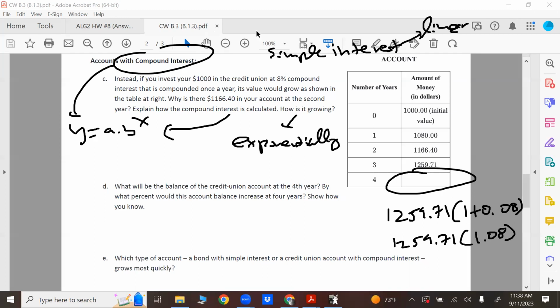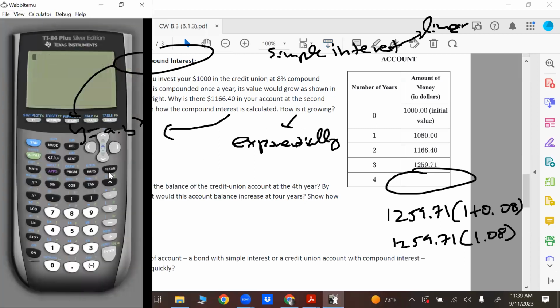Can someone tell me what they get when they do that? 1360.48. Thank you. Perfect. Let me make it a little more clear. Sorry, guys. So 1360.48.